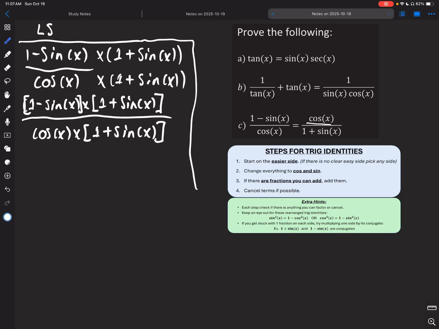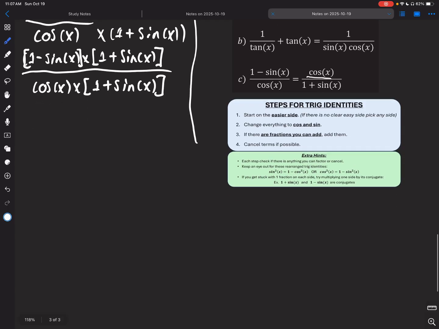Now on the top here, we're going to have to do our FOIL. So let's go through this. So first, 1 times 1 is just 1. Our outsides, 1 times sin x is sin x. Our inside is negative sin x times 1, so that'll be minus sin x. And our last here is negative sin x times sin x, which will be negative sin squared x.